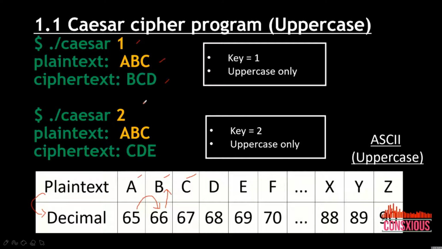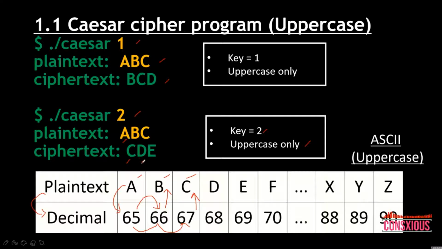So the second example is also similar, the difference is the key is 2. We are still using the uppercase. So the same concept. The A will convert into 65, 65 plus 2, so we'll go to 67. 67 will go to C. So this is how we get C here.